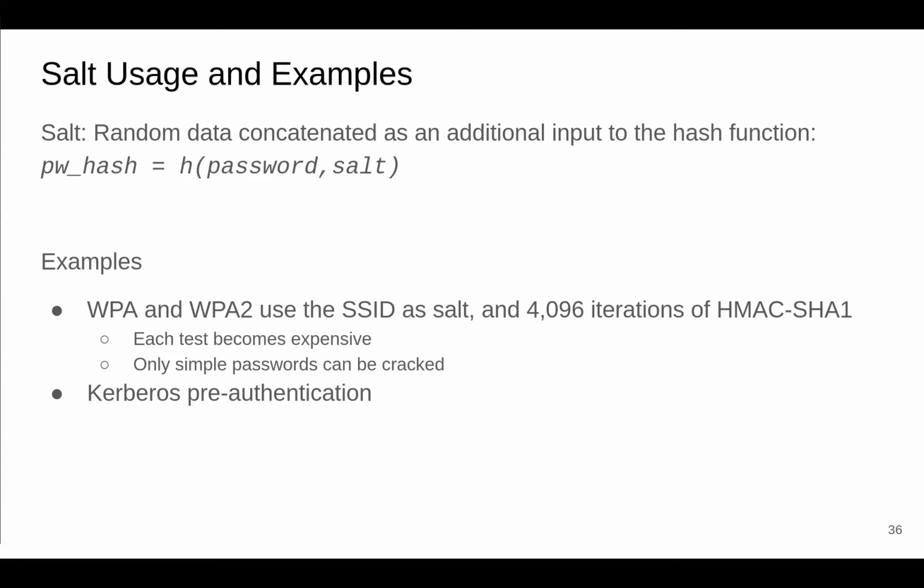Correct. So if the malicious user does not know your password, they need to go through a brute force attack. A brute force attack means trying all the combinations of all the letters and characters. Right? This is usually prohibitively expensive. Now, if you have access to the salt and the hash, you need to go through all the different combinations, and you need to do this for every single user.